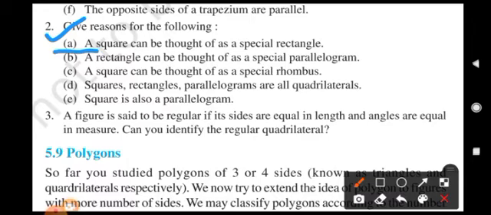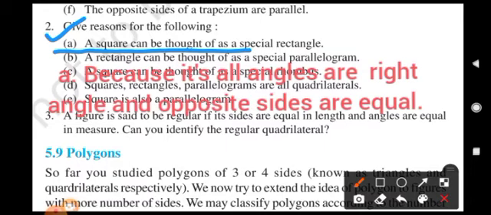Why? Because all its angles are right angles and opposite sides are equal and parallel. So a square is thought of as a special rectangle.